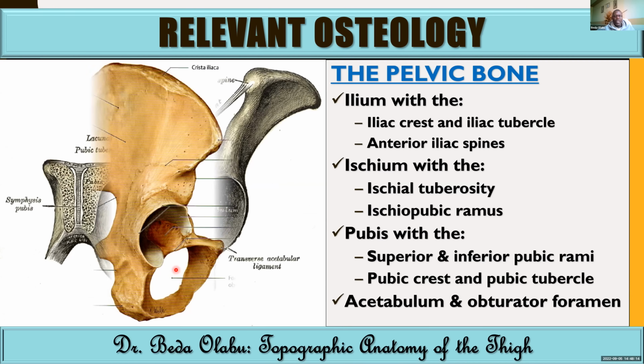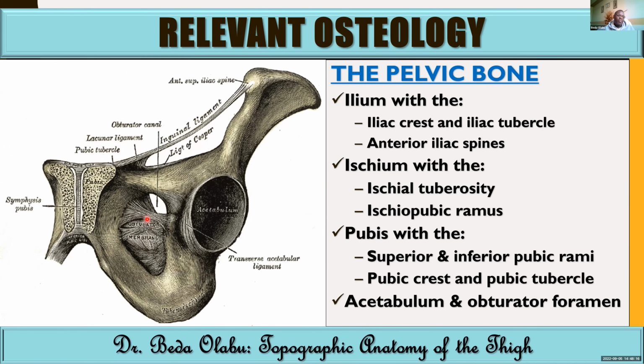Usually the obturator foramen is covered by a membrane, what we call the obturator membrane, but that membrane does not cover it completely. There's a gap at the upper end of that membrane, which we call the obturator canal, allowing passage of some neurovascular structures you're going to see. Also important to note in this image is that we have a ligament extending from the anterior superior iliac spine to the pubic tubercle.